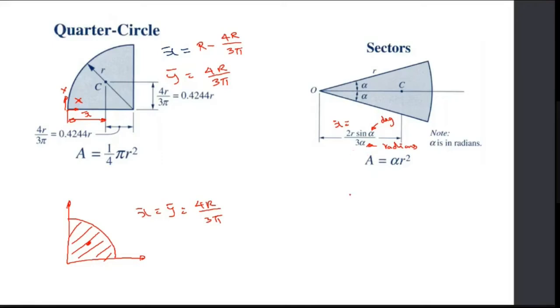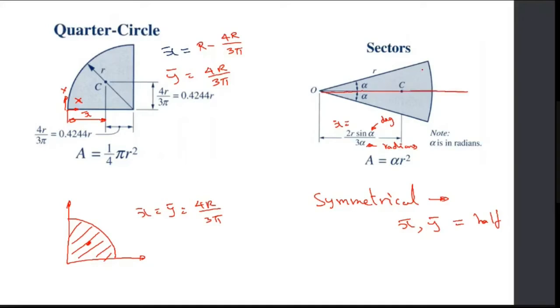Most of the cases, you look at the figure. If the figure is symmetrical, then your x bar or y bar will be half of the distance. For example, let me consider the sector. This is my axis.